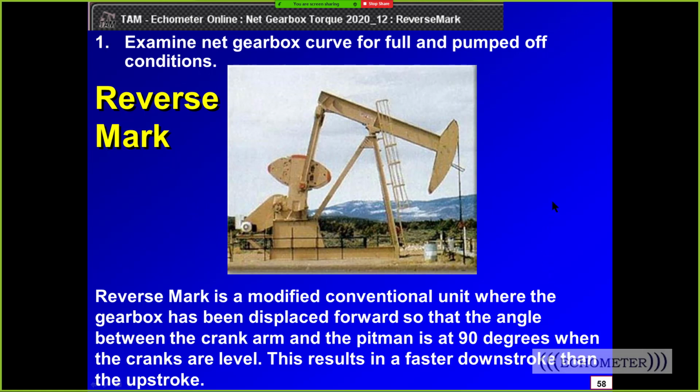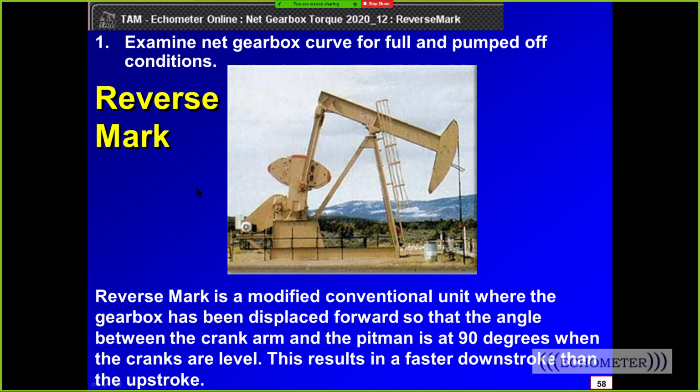So here's the reverse mark unit, and this is the reverse mark. If you look, the holes on the crank are drilled at an angle, and that creates this phase angle between this line and a line down the center of the crank.